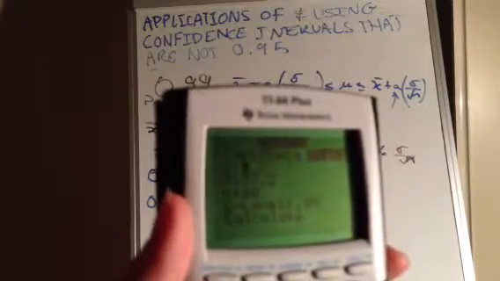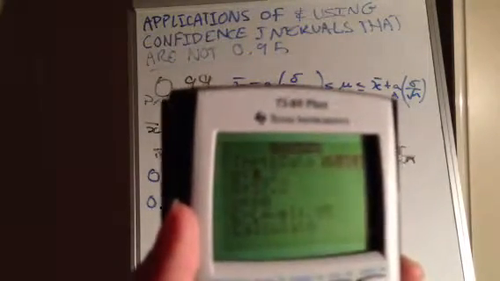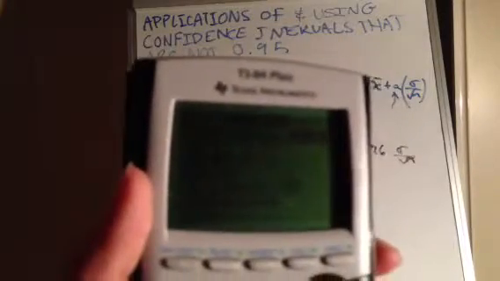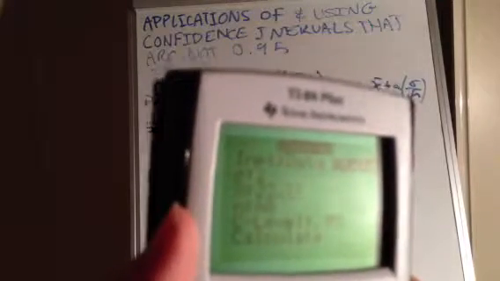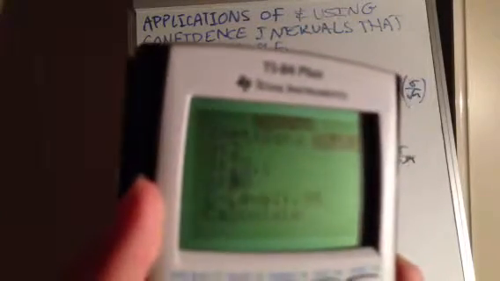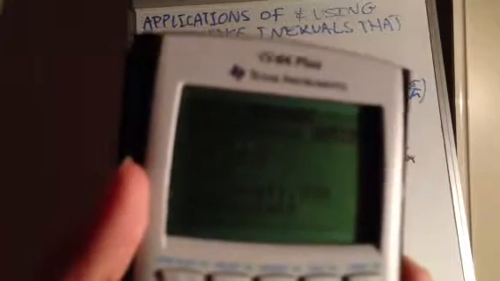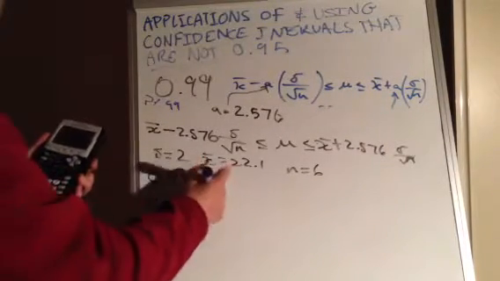We have as our value of the population standard deviation 2. As the sample mean, we have 22.1. Then for the value of n, we just have 6 instead of 60. And for here, we type the confidence interval as actually being 0.99. Calculate.